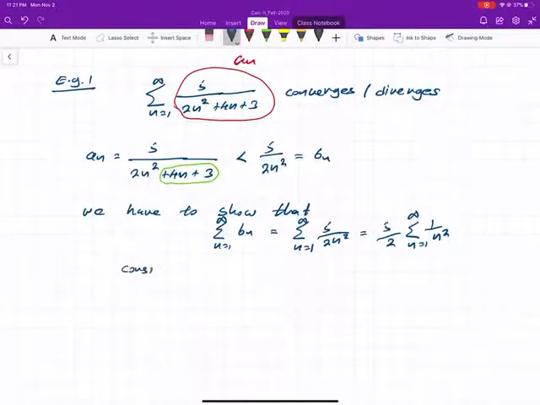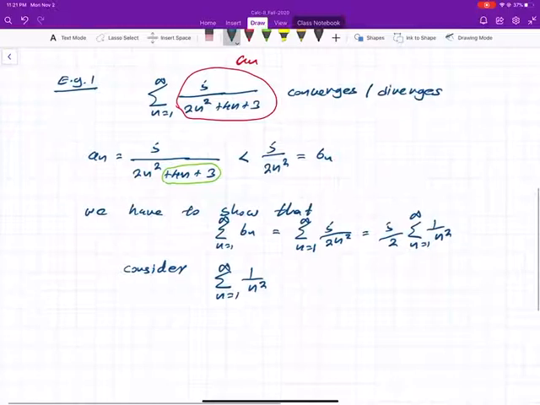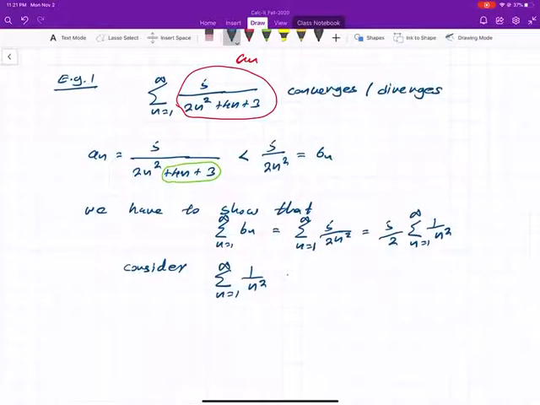Consider sigma n goes from 1 to infinity 1 over n square. Alright, so if you remember, this is a P series. Let me write that like this.